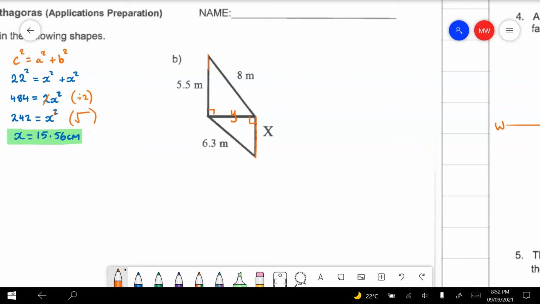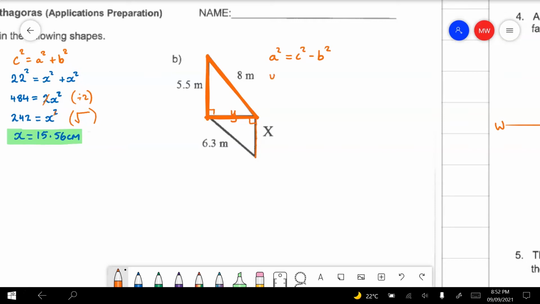So just looking at this triangle up here to begin with, I'm going to go in with my variation of the Pythagoras formula. So a squared equals c squared minus b squared. And the reason that I'm doing that is because the subject of this question is not the hypotenuse.